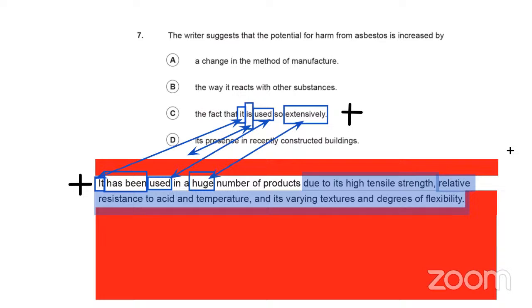It has been used in a huge number of products, huge number, uncountable, limitless, countless. So, large number, huge number, more than 50%. That means very extensively, not minimally. Extensively means more than 50% or even 75 to 80%. So everything is matching here.